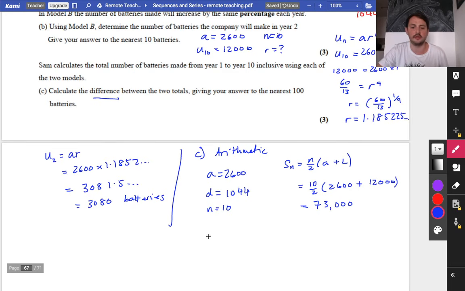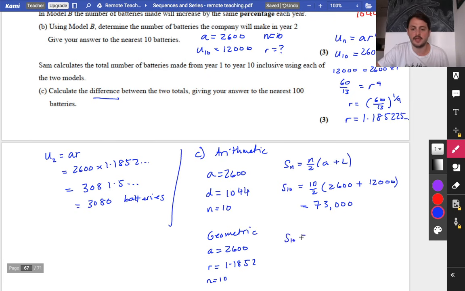Now the second model, which is Model B, is the geometric. For the geometric model, we know that A is 2,600 and we know that R is 1.1852. I'll just do 1.1852, I'm sure that's fine. And the number of years is 10. So this is our sum to 10.